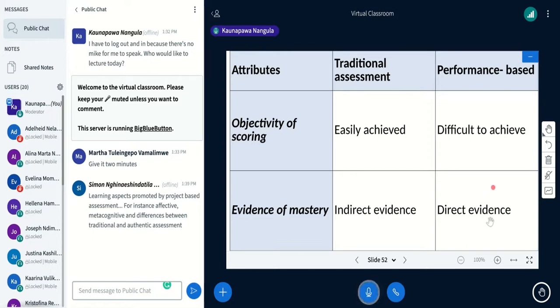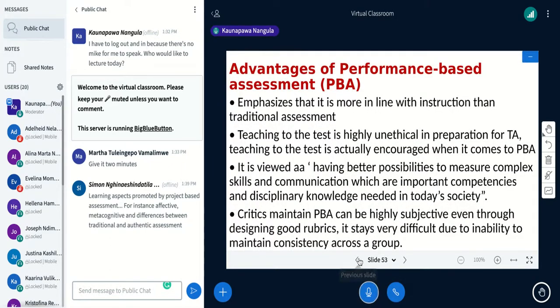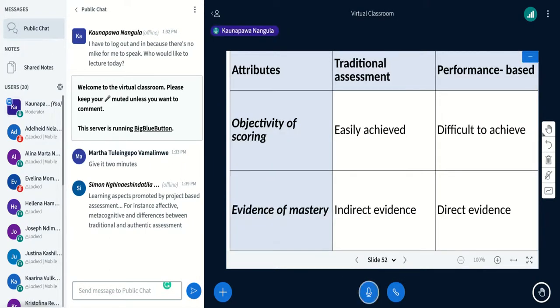But here it is direct, because the learners have a chance to really carry out a task to show what they have acquired, what they have mastered. Okay, so that's what we have in terms of the attributes, and it's basically a revision of what we covered yesterday. Do you have questions? Yes or no? Before we move on.